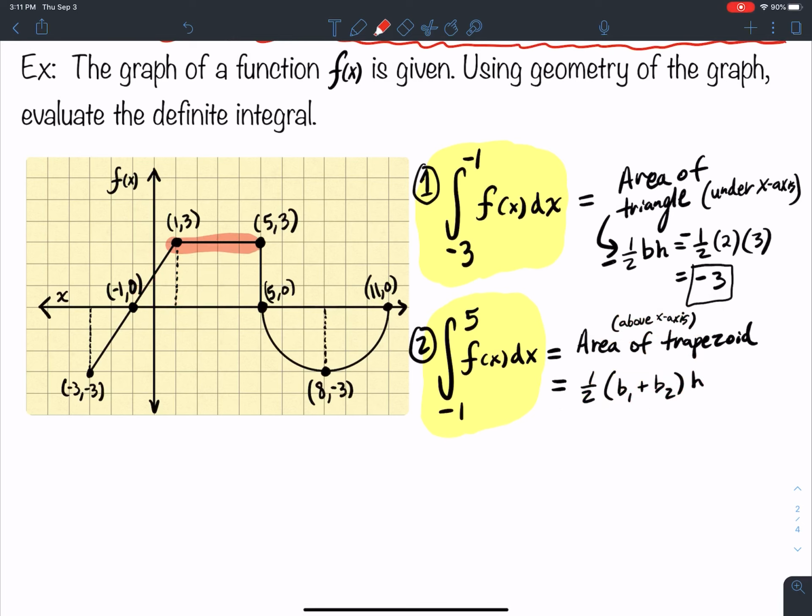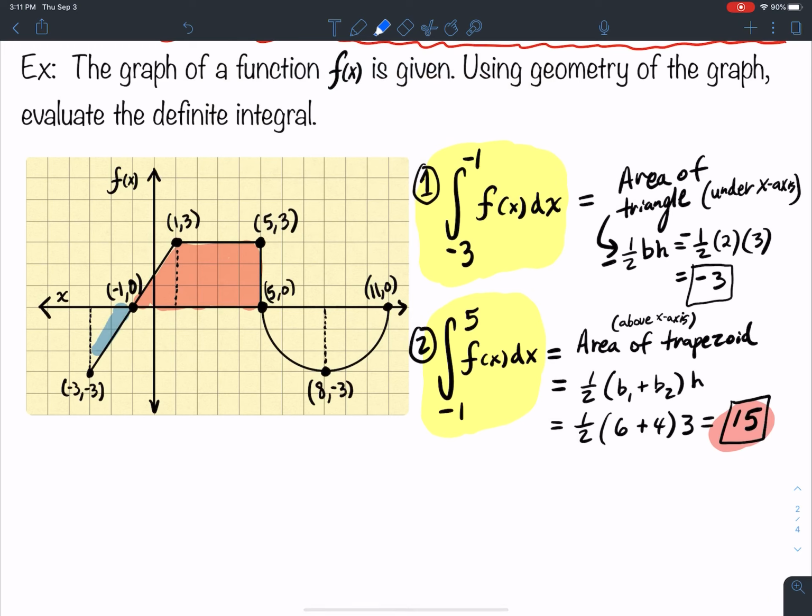And so whenever I plug these numbers in, the height here is 1, 2, 3. So h is 3. Base 1 is 6: 1, 2, 3, 4, 5, 6, and base 2 is 1, 2, 3, 4. Multiply this out, I have a half times 10, which is 5, times 3 is 15. And so the area of this trapezoid here is equal to 15.